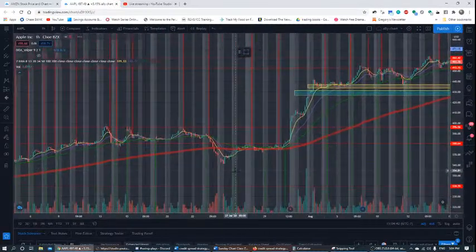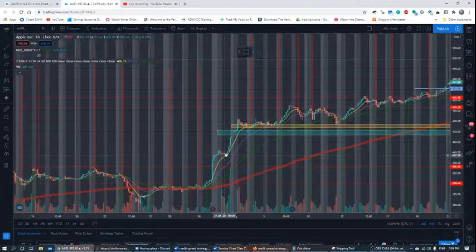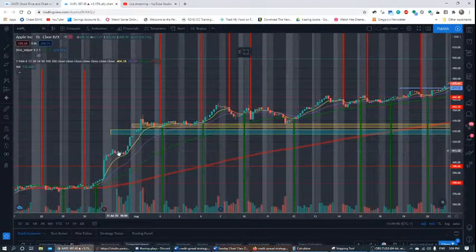Okay, this one right here is a hammer already. I think this is the stock split right here. I like hammers because that's telling of a bullish trend. So this is an example of a hammer on the hourly.